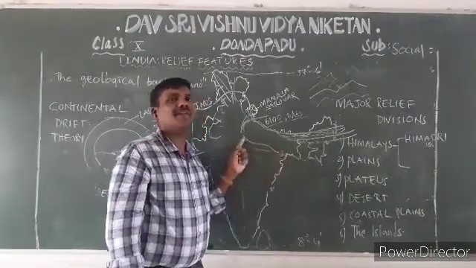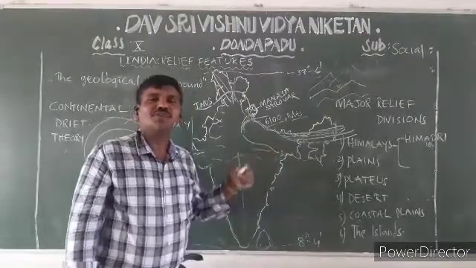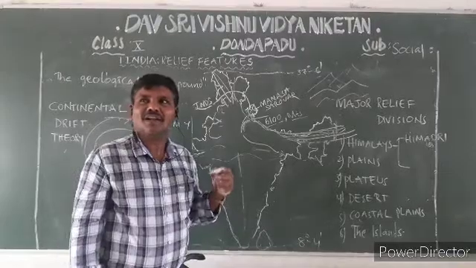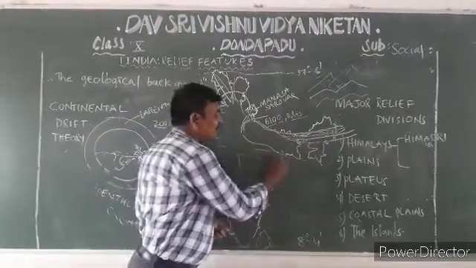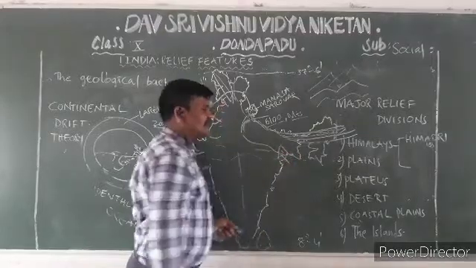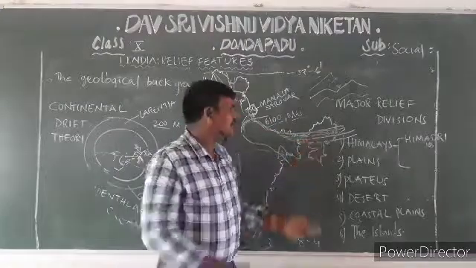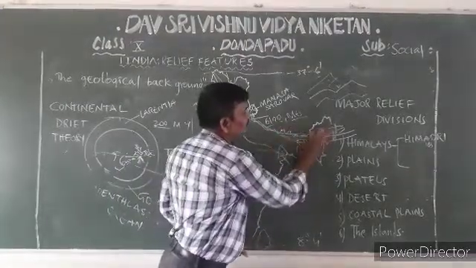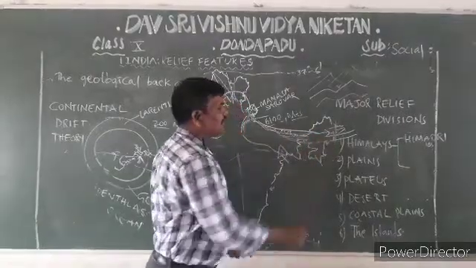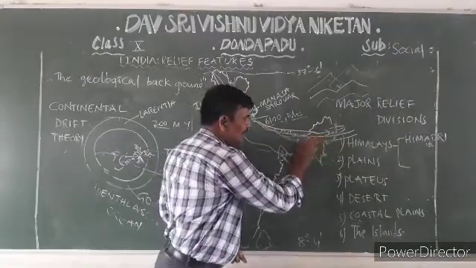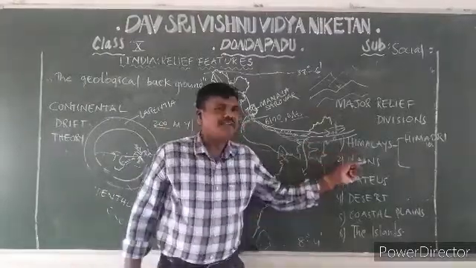These are the beneficiary states for the flow of river Ganga. The Sundarban Delta is formed by what? River Ganga. These are the delta regions. Now come to the next one: Brahmaputra. Brahmaputra is moving in this direction, and the states it flows through are especially Arunachal Pradesh and Assam. These two states are beneficiary states for river Brahmaputra. These are the plains.